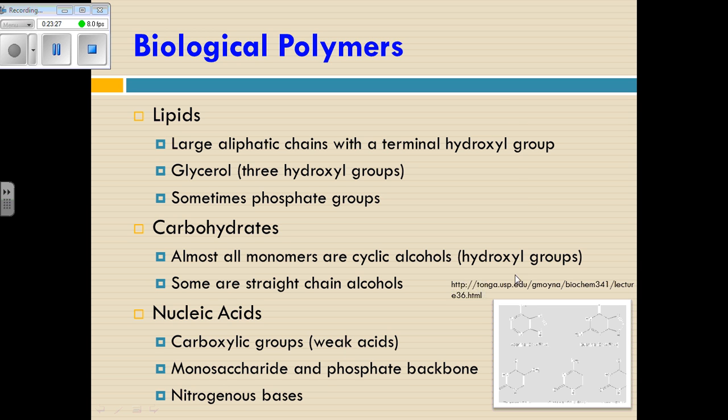Okay, so you have a backbone of the sugars, whether it's ribose or deoxyribose. Okay, that has the carboxylic groups on it. And then you have the nitrogenous bases. Those are your A, C, G, and T that you've talked about in biology a million times, I'm sure, and we will talk about that. We're going to talk a lot more about DNA and RNA next week.